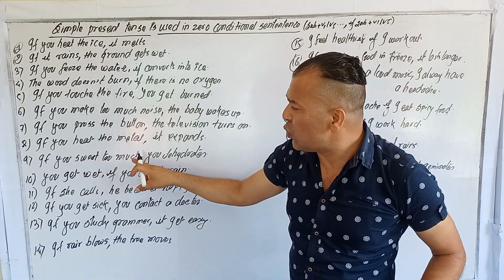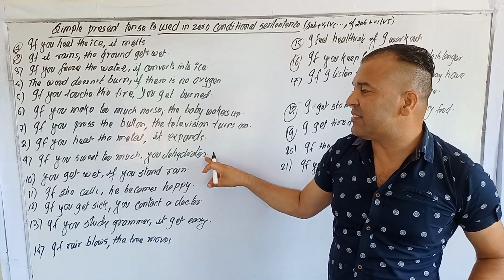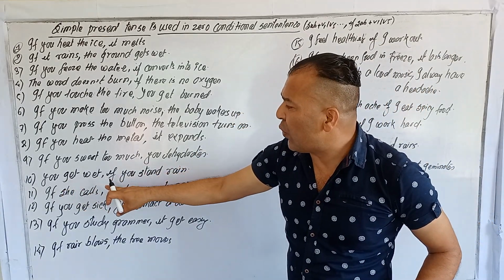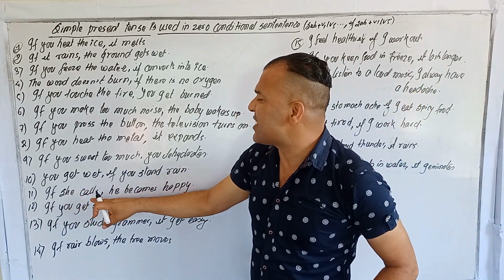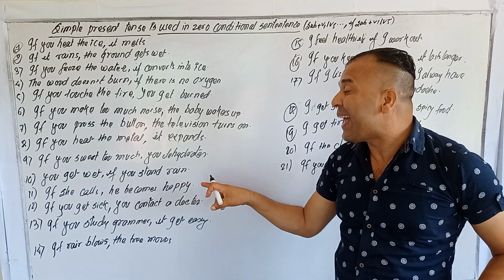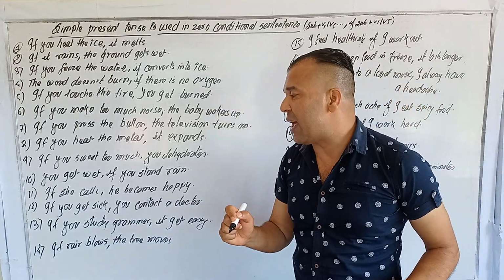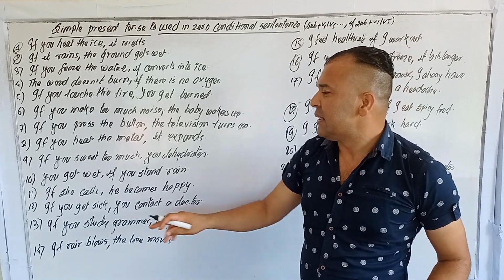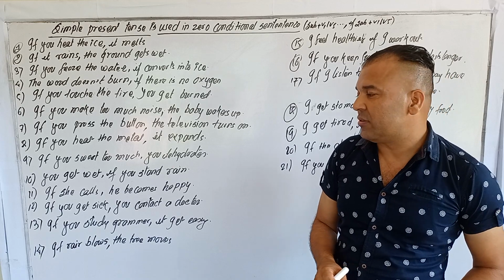If you sweat too much, you dehydrate. You get wet if you stand in the rain. If she calls, he becomes happy. If you get sick, you contact a doctor.